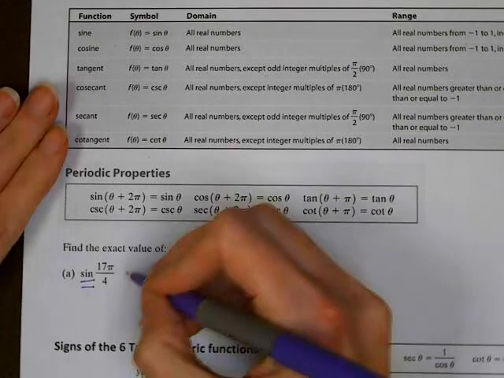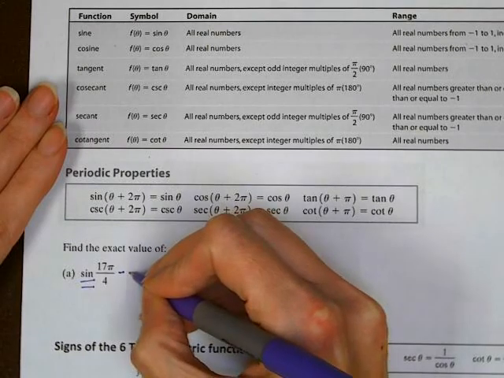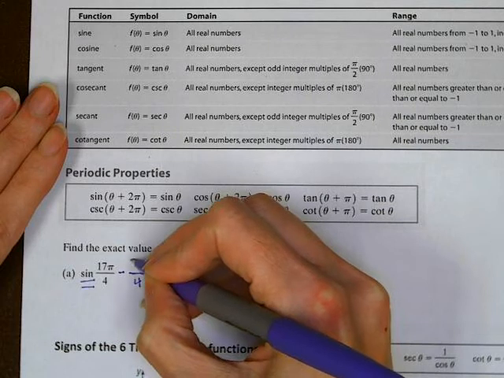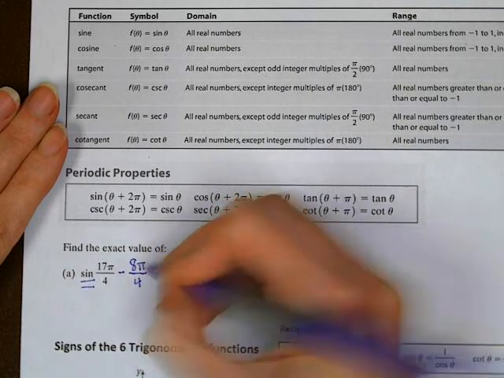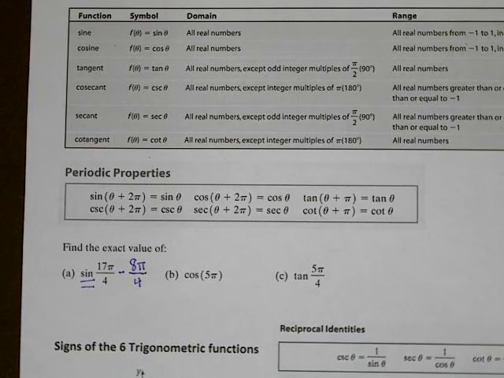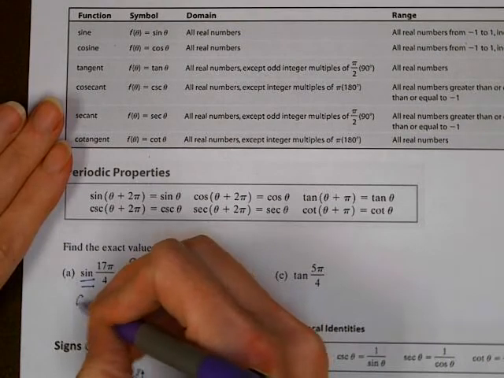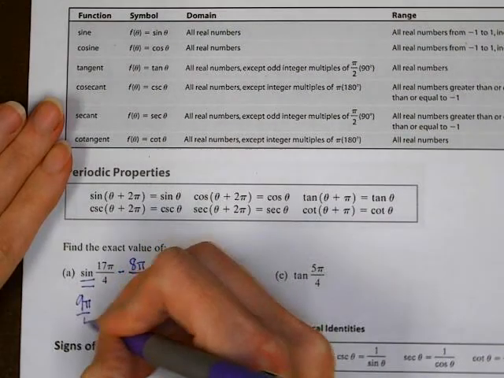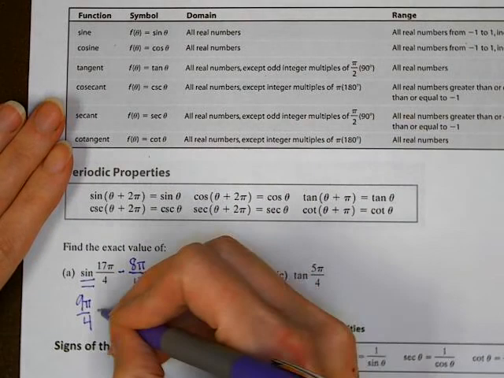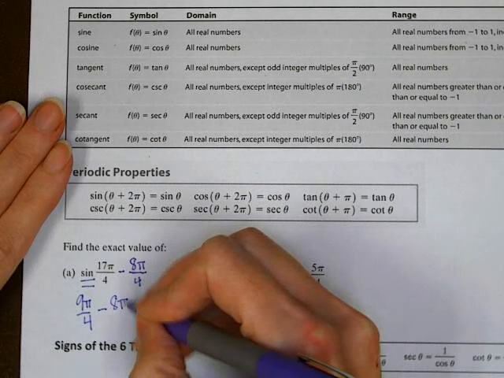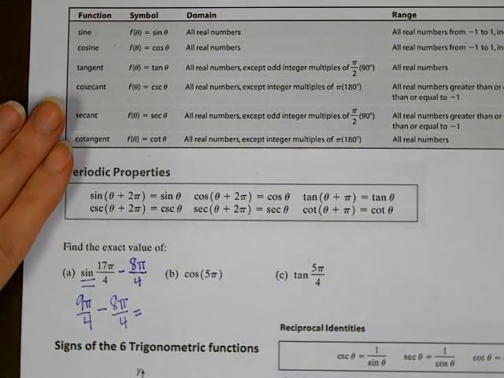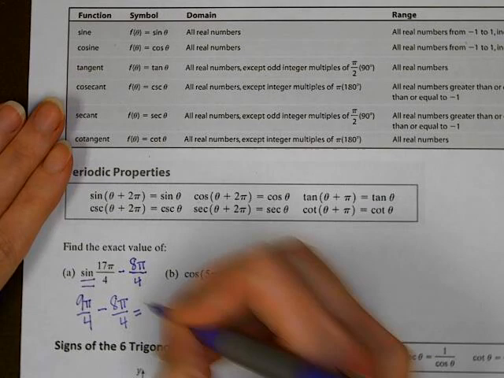Subtracting 2 pi, with a common denominator of 4, would be like subtracting 8 pi over 4. So what's 17 pi over 4 minus 8 pi over 4? Well, that's 9 pi over 4. That is still too big for the unit circle, so I'm going to subtract 2 pi, or 8 pi over 4, again. And now 9 pi over 4 minus 8 pi over 4 is 1 pi over 4.